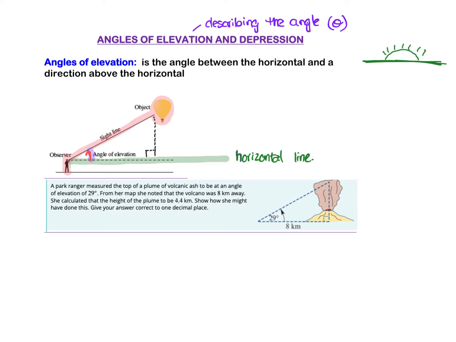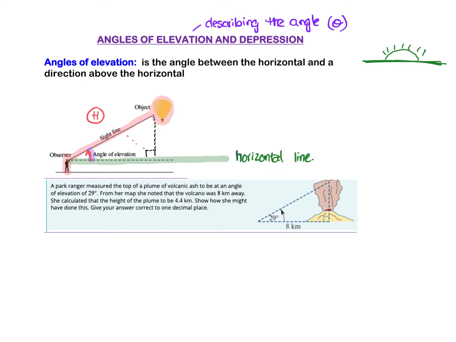And what side of the triangle would the line of sight be? What do we call the one opposite the right angle? It's the hypotenuse. So let's do an example question. That's elevation: elevation is when you're looking up at it.